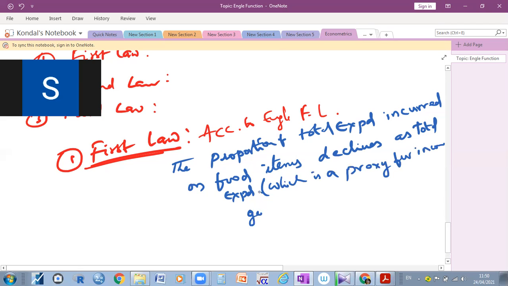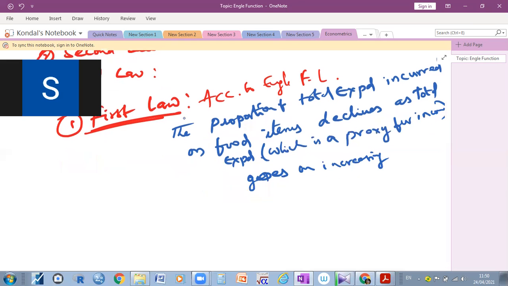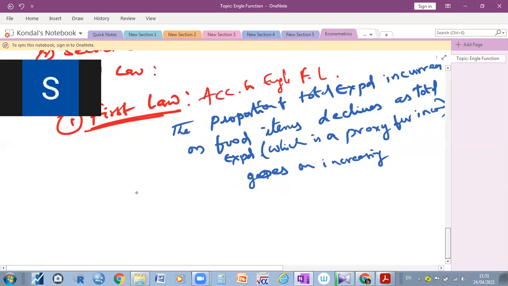As total expenditure goes on increasing, as per the first law, the proportion of total expenditure on food items declines. It means as total expenditure increases, the expenditure on food items decreases.